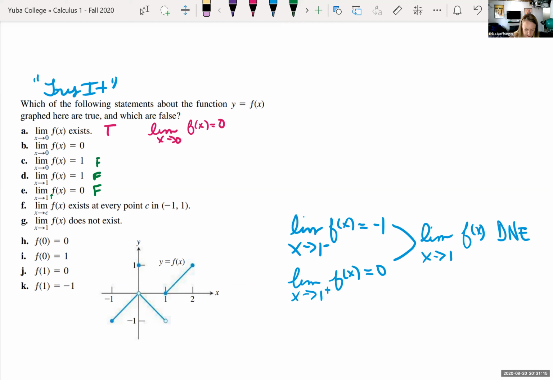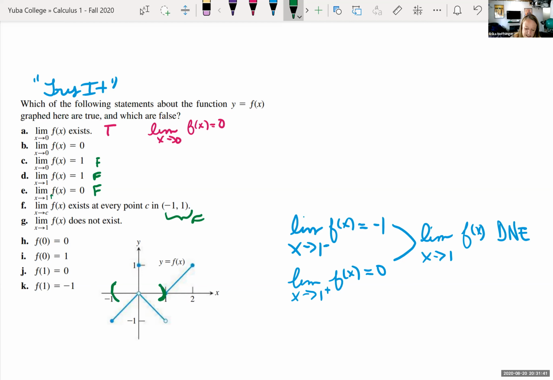Let me see what they're saying. Exists for every point c. Oh, so this is actually talking, I believe, about an interval. It's talking about between -1 and 1 that we're looking at in our graph here.